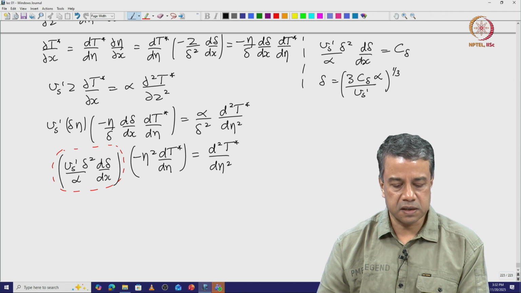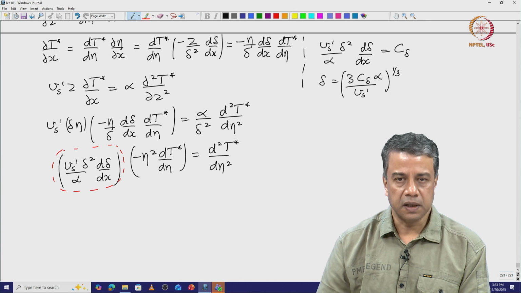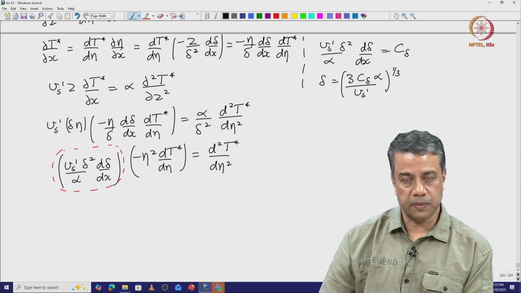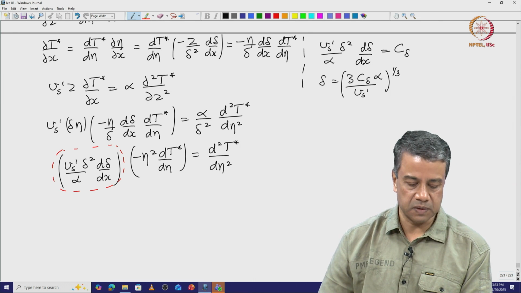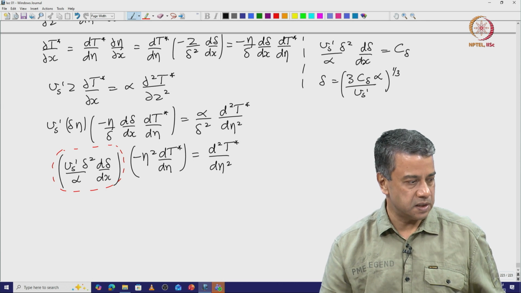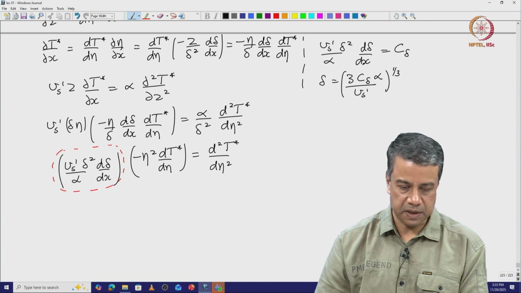So, that is the condition under which the equation depends only upon the similarity variable and not individually upon z and x, or individually upon delta and x. That is the condition under which the equation can be reduced to a similarity form.